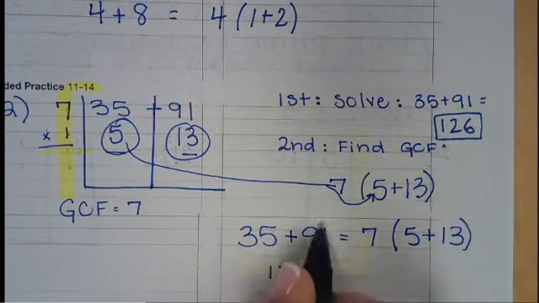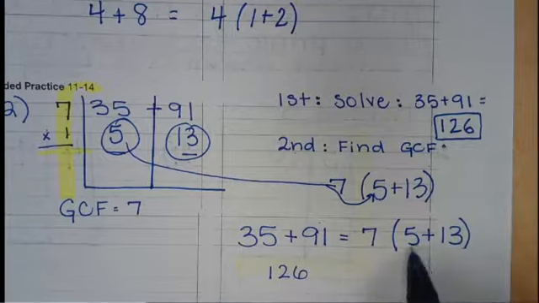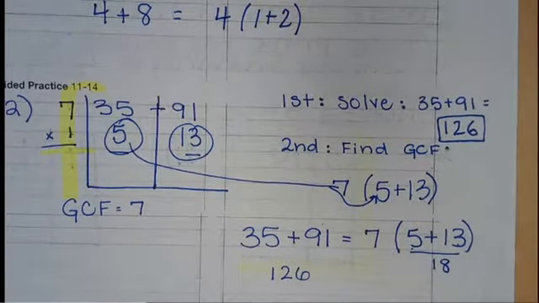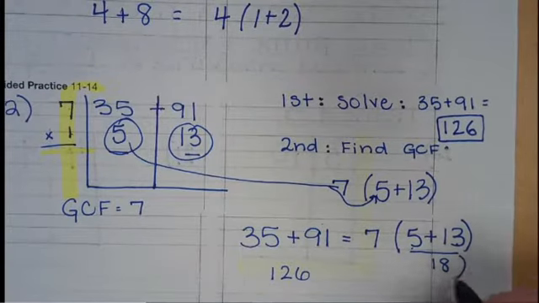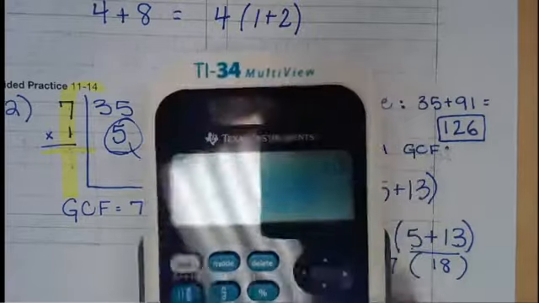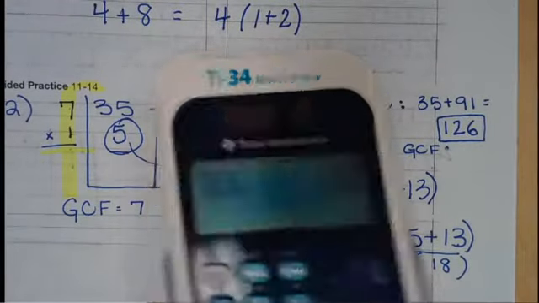So we have to make sure this side equals 126. So 5 plus 13 is 18. And then I have to multiply that, following order of operations, times 7. So 18 times 7 is 126.